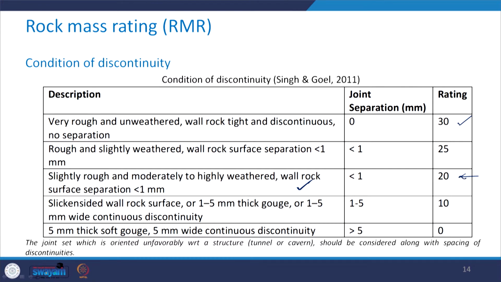Again, here you can have more than one discontinuity in the rock mass. So, which one do we need to pick? Whichever is most unfavorably oriented with respect to that particular structure, that joint we have to consider, and only its condition should be assigned the rating to be used for calculating rock mass rating.